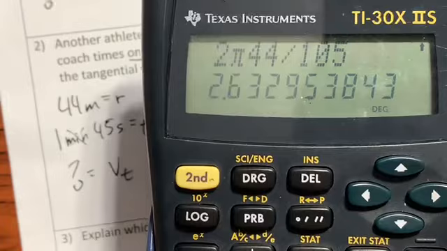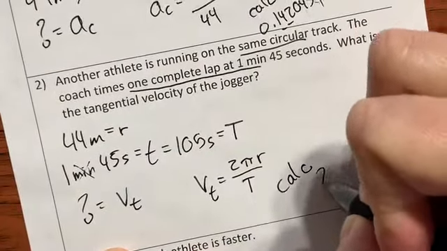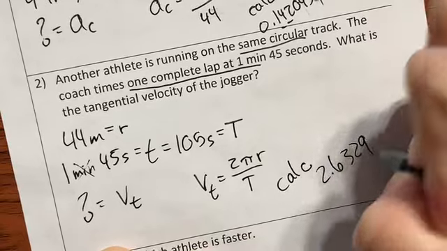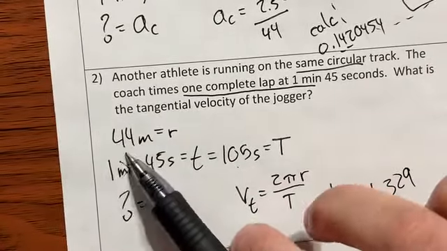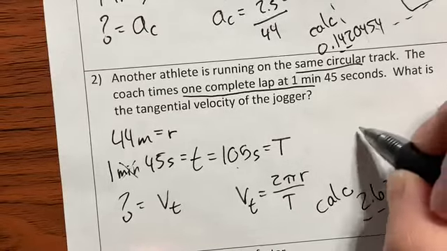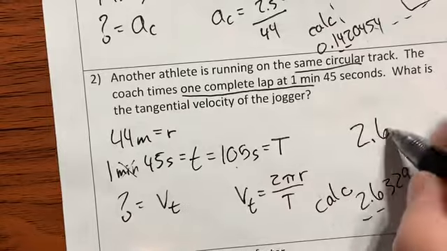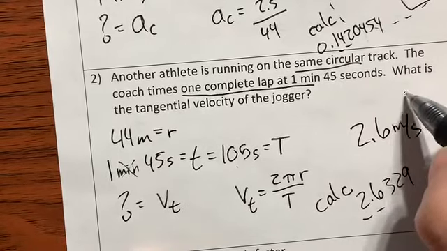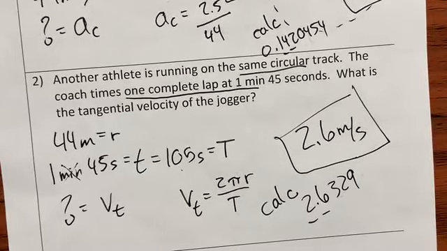Order of operations, 2.6329 is what the calculator gives us. Significant figures, we've got 3 in one number, 2 in that number, so just 2 sig figs, 2.6. Solving for velocity, meters per second. All right, so that's our tangential velocity for athlete number 2.